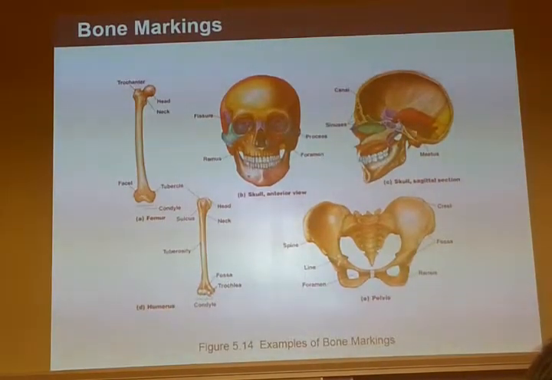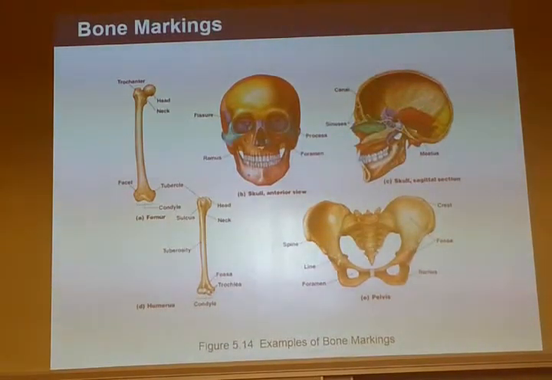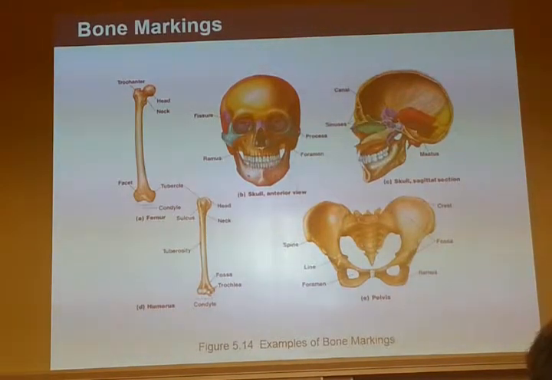A lot of times it's a nerve. Sometimes it's nerves and blood vessels. If it's a lot of nerves and blood vessels that are taking up so much space, the bone forms around it and you get a jagged, irregular opening in the bone, we call it a fissure. So a jagged opening in the ground, you call it a fissure. Jagged opening in the bone, you call it a fissure.